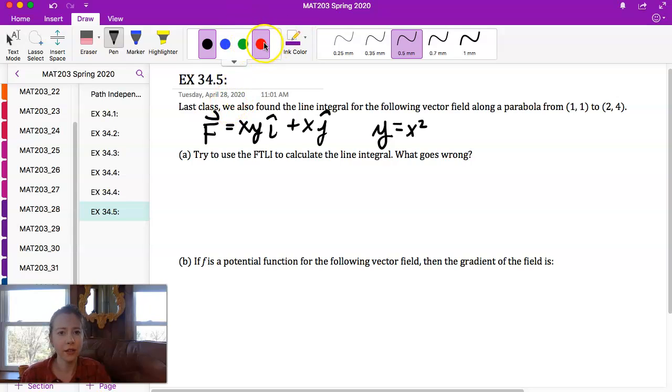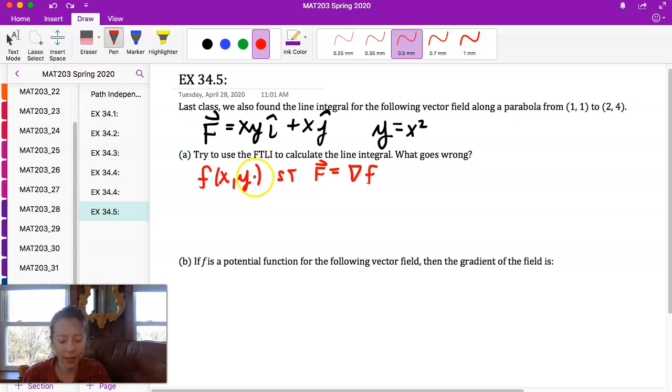So let's start by trying to find a potential function such that our vector field is equal to our grad of f. So let's just use some of the steps from before. So there we go.